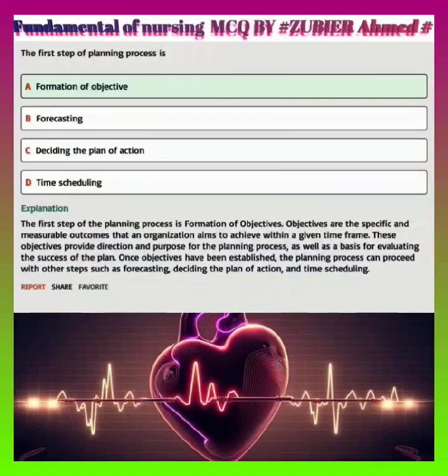Objectives are the specific and measurable outcomes that an organization aims to achieve within a given time frame. These objectives provide direction and purpose for the planning process, as well as a basis for evaluating the success of the plan. Once objectives have been established, the planning process can proceed with other steps such as forecasting, deciding the plan of action, and time scheduling.